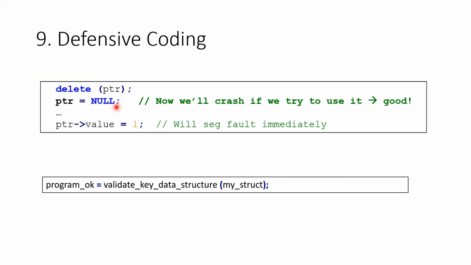But if you set them to null, the next time you use it, your program will crash with a segfault immediately. So if you delete something and you don't want to set it to null, just make sure that it will not be reused again.